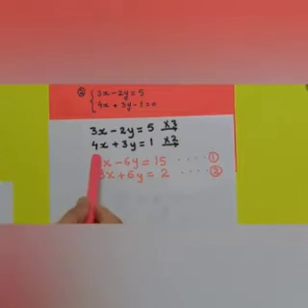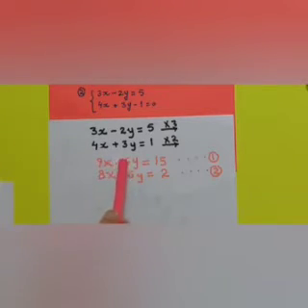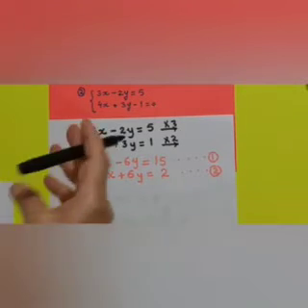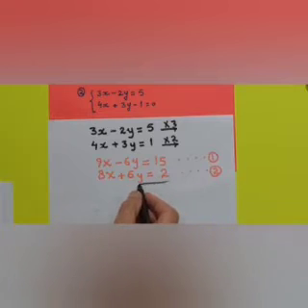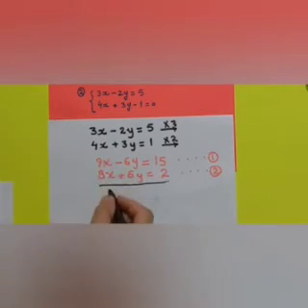When you add two equations together, you see here minus 6y and here plus 6y. They will cancel together. I will draw this line here and write the result of adding.